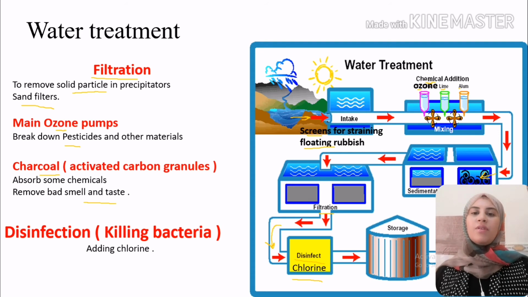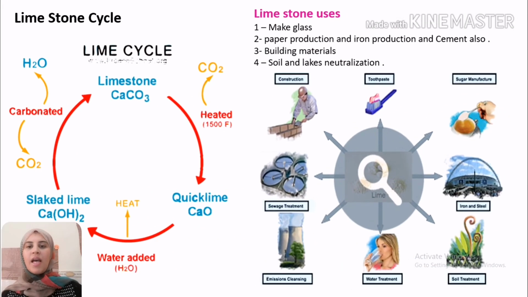Now we will transfer to the limestone cycle. Limestone is one of the most important compounds in our crust. At first, you must know that limestone is found in very large concentration on the crust, and we use it on a very large scale in industry.